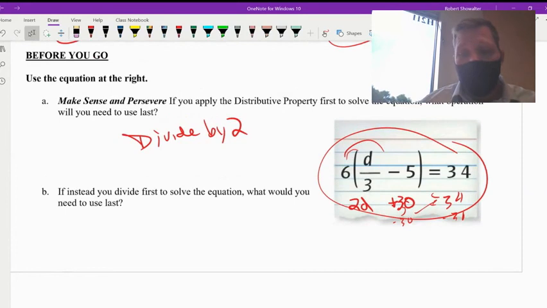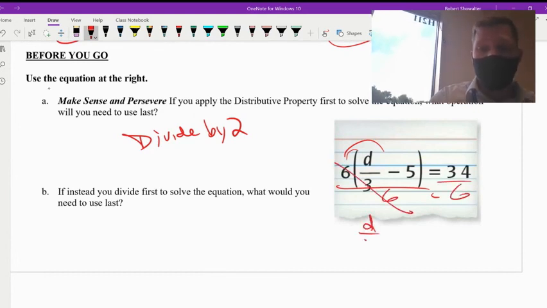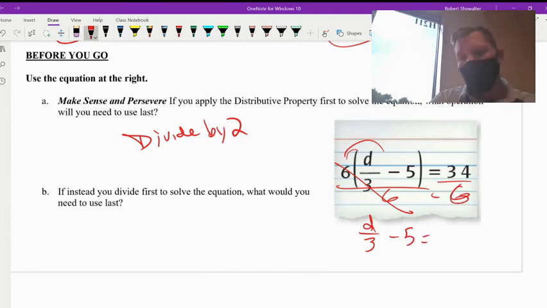Now, instead of doing that, we could turn around and divide first if you'd like. So instead of multiplying 6 times that whole thing, we could divide the whole thing by 6 if we wanted. That would go away. We get d over 3 minus 5 equals whatever 34 divided by 6 is. That as a fraction, if you divide that by 2, we would get 17 over 3.